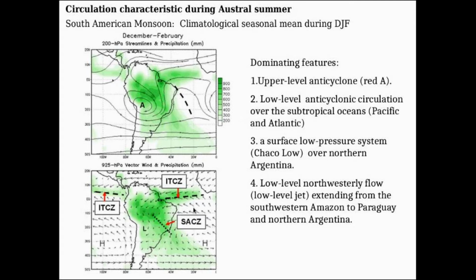There is an ITCZ, and there is a low-level northwesterly. This is called the low-level jet, and this influences the South American convergence zone, which mainly brings most of the precipitation over this region.